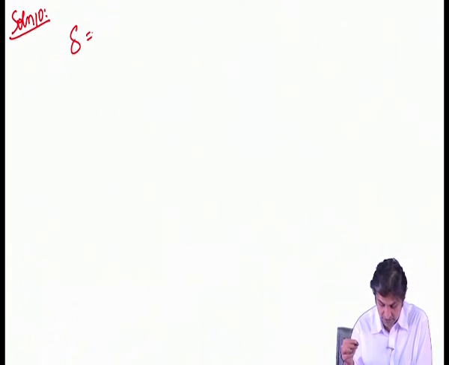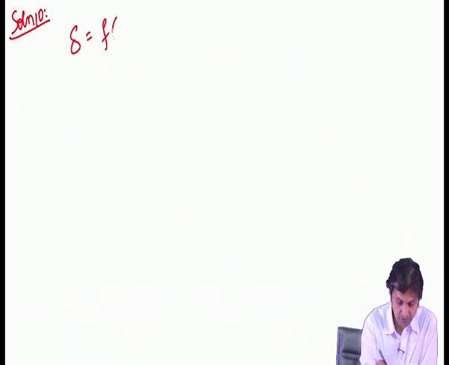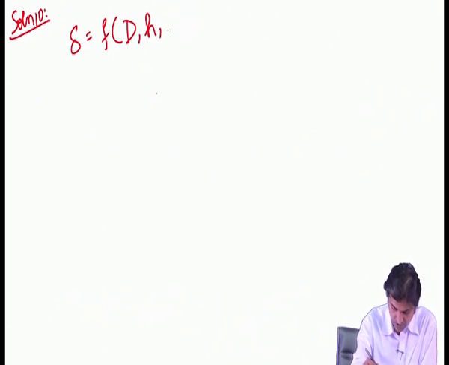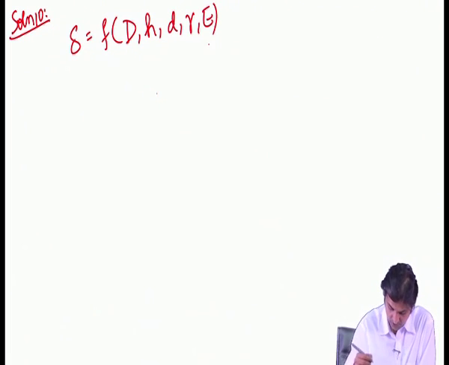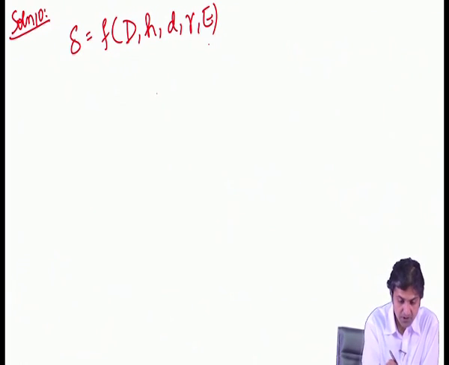Okay. So, we have seen that according to the solution, vertical deflection lambda is a function of D comma h, comma small d, gamma and E. Okay, and we can simply write the dimensions.